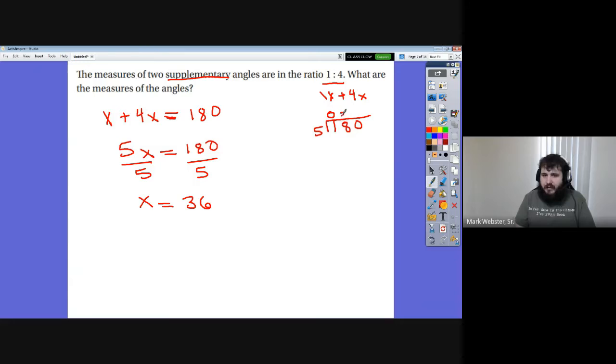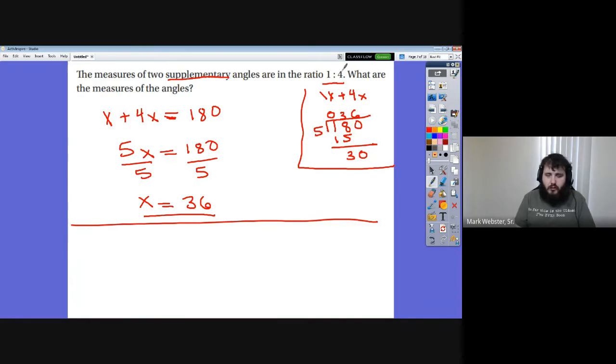It goes into 18 3 times. 3 times 5 is 15. 18 minus 15 is 3 left over, and then drop down the 0. 5 times what is 36? So 1 part is 36, but we don't want 1 part. We want to know about the angles. So let's look. What's angle number 1?